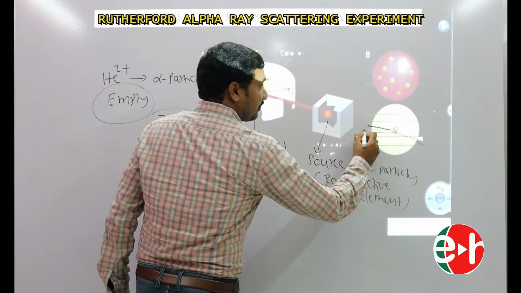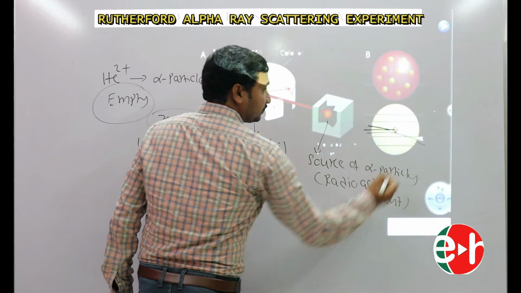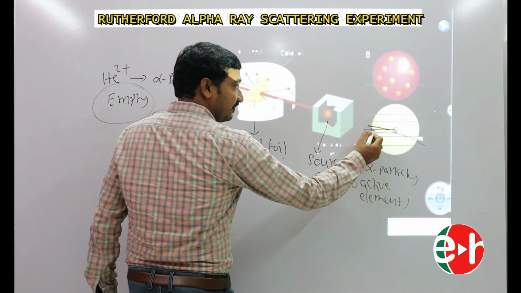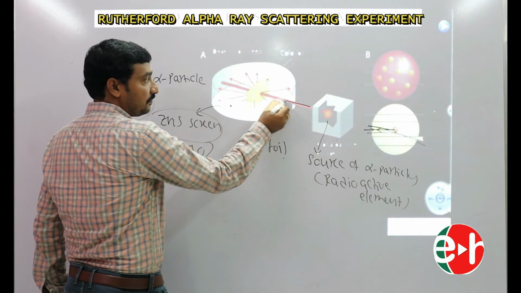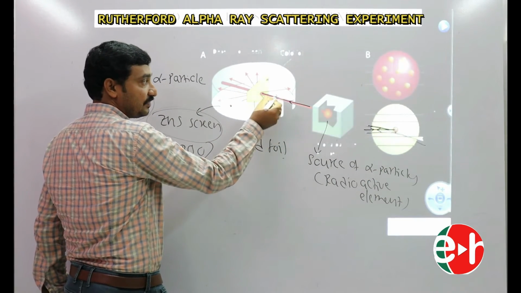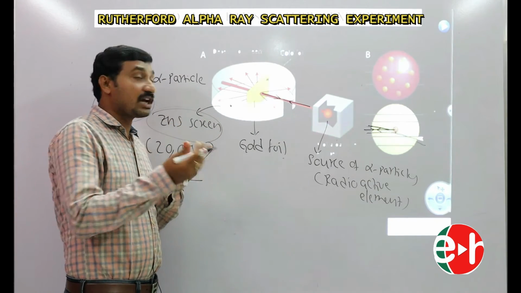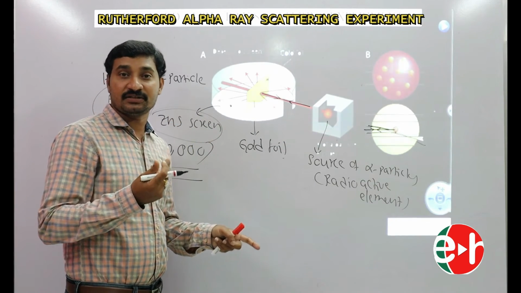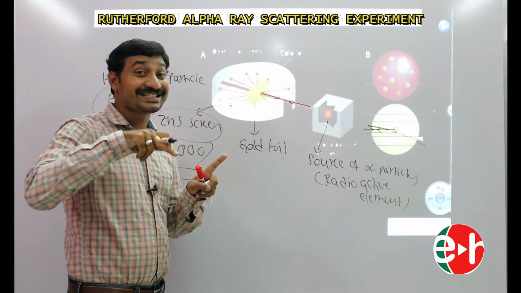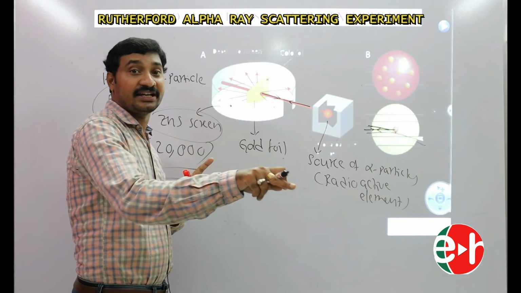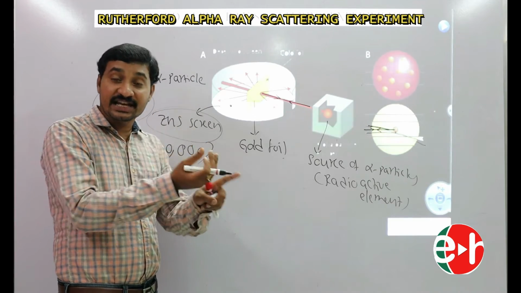See, the alpha particle passed in this direction and it comes back in the same direction. Which alpha particles come back in the same direction? The alpha particles which pass through the center of the atom, only those come back in the same direction.